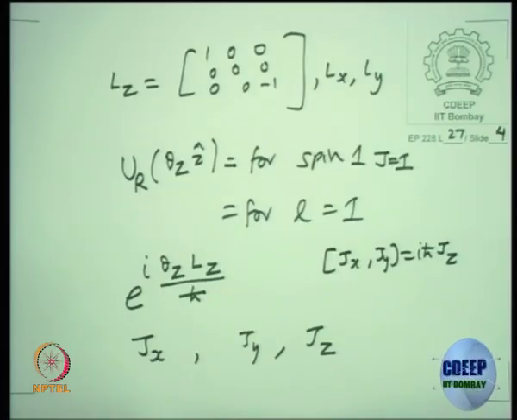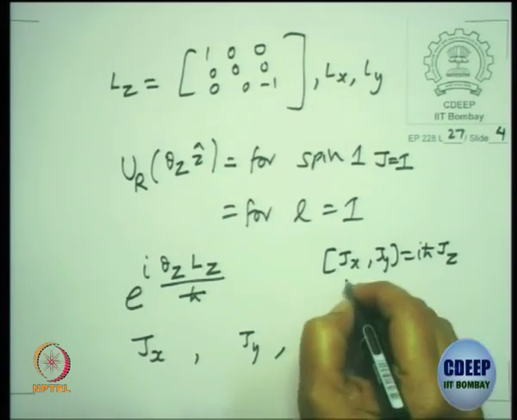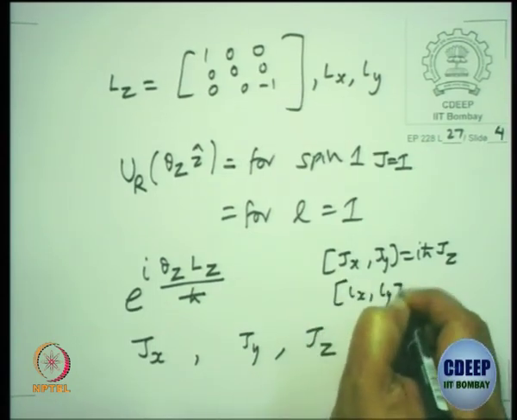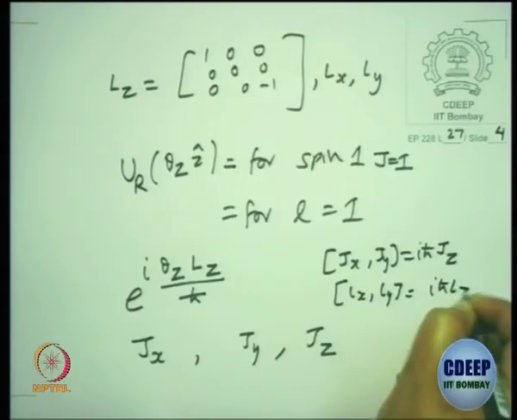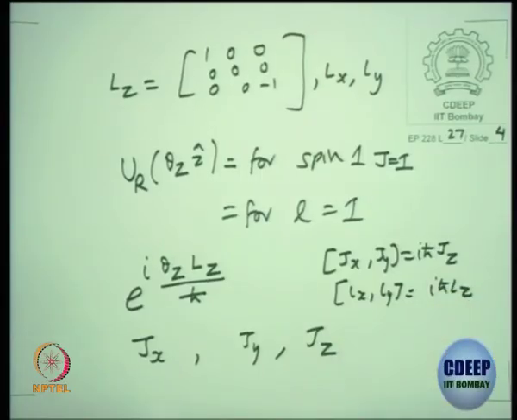SO4 algebra and SO3, this is also similar to your SO3 algebra, right? SO3 algebra has [Lx, Ly] equal to iħ Lz. But SO4 algebra is different. I can always write a set of rotations in 3 dimensions as a subset of the set of rotations in 4 dimensions.